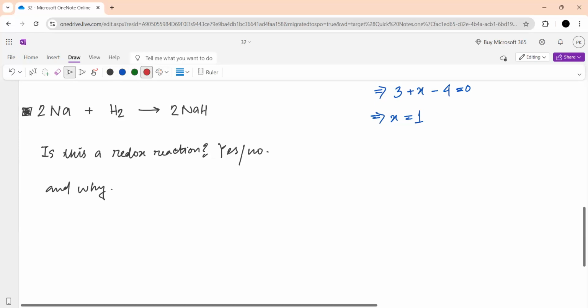Also, we can say from here that here the oxidation number for sodium is 0 and hydrogen is 0. And here for sodium it is +1 and hydrogen is -1. So, a change in oxidation number is taking place.